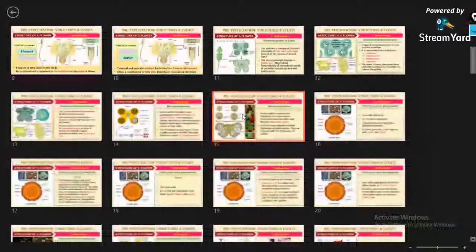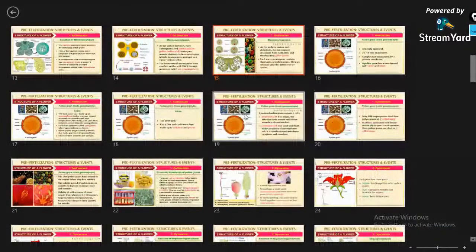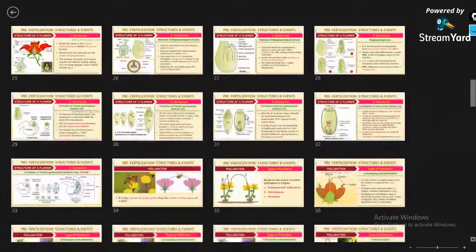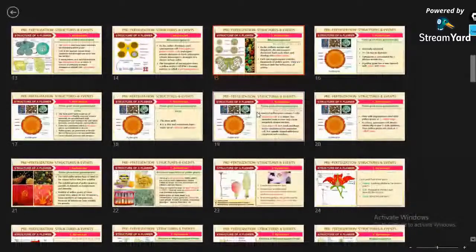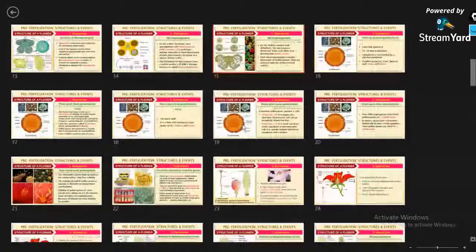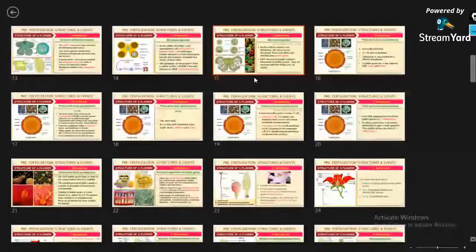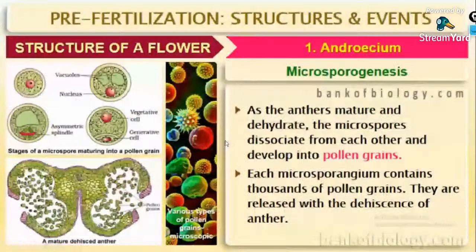We have a lengthy chapter. This is a very lengthy chapter, guys. At 11:30 we'll finish off the class. I plan to complete the pre-fertilization part in one class, then fertilization in the next class, then post-fertilization in the last class.